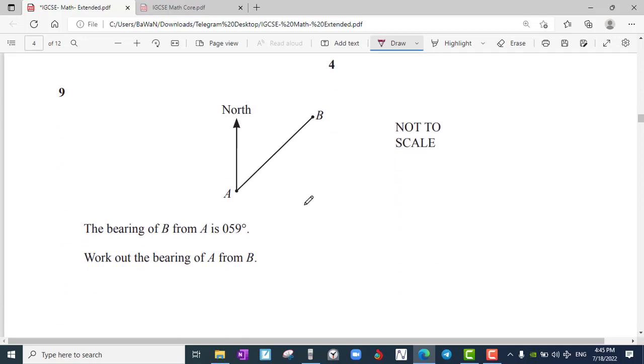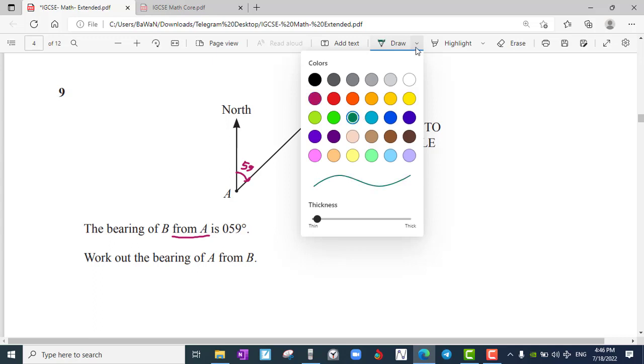Question 9 is bearing. The bearing of B from A. This "from" means from the north of A to the line that goes to B, this angle is 59 degrees. We need to find the opposite, which is the bearing from B to A, or the bearing of A from B. For the bearing of A from B, we need to draw the north of B. Then there is a relation between these two interior angles.